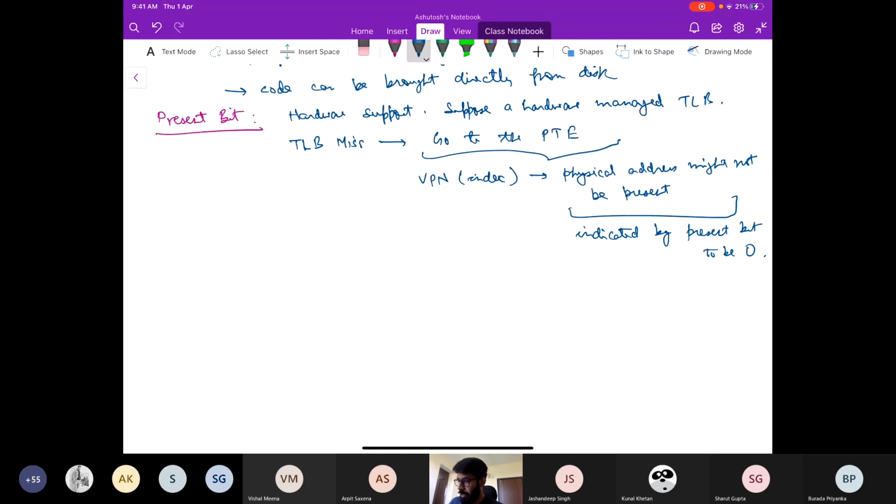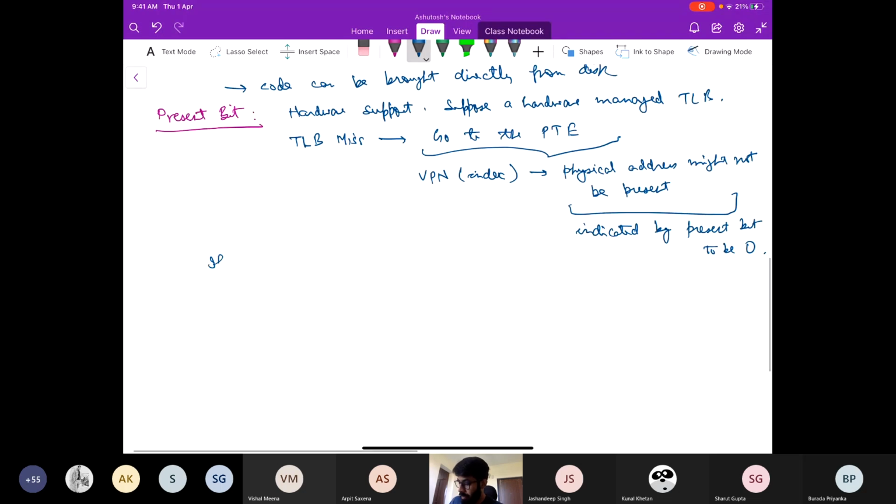So if present bit is 1, do as before, like go to the physical address, execute instruction, copy the thing into TLB, and execute the instruction.